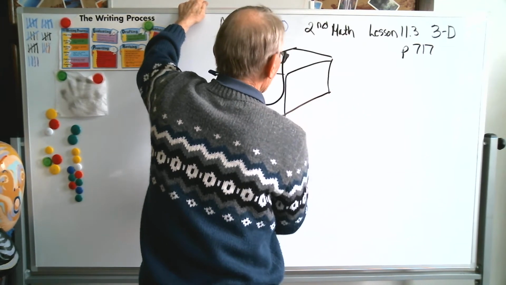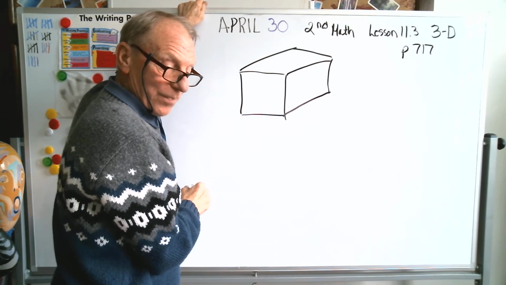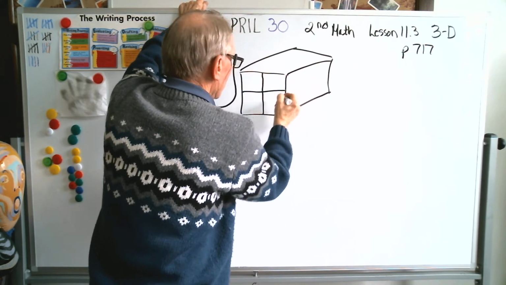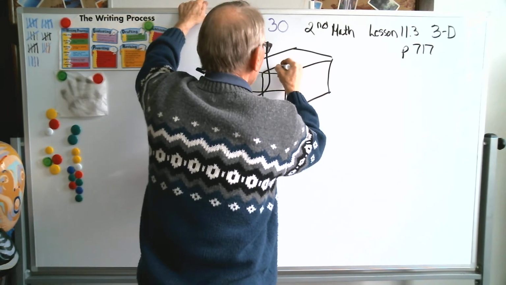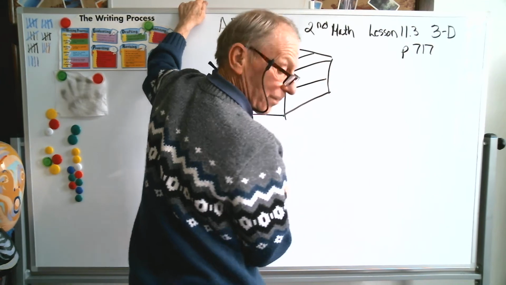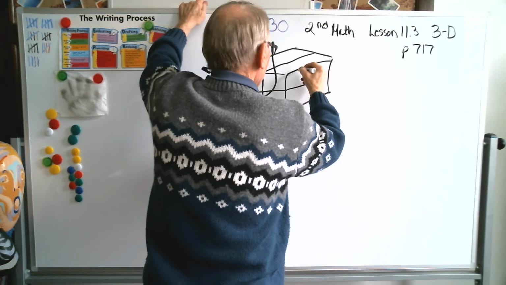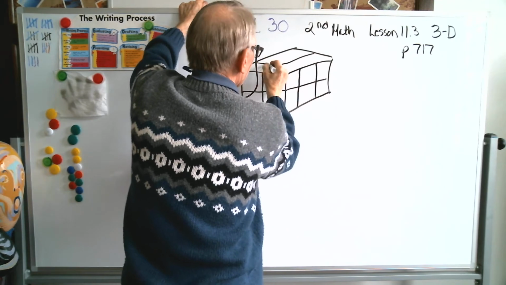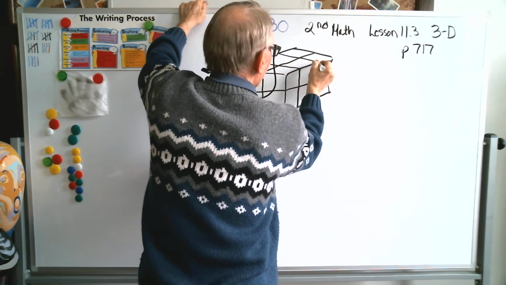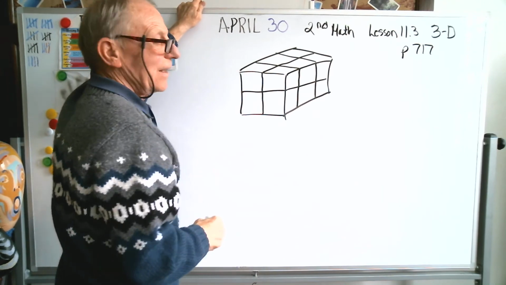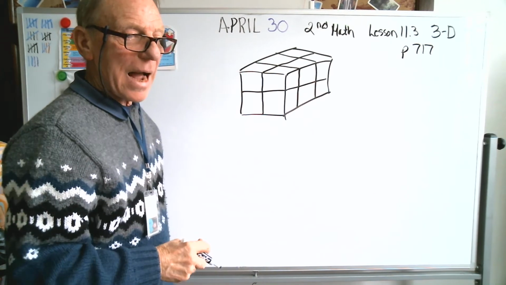Now you notice that we have 3 dimensions. And its front is cut into 4. And we're going to continue those lines right along. The side has 3. So we're going to connect all them lines together. And then what we end up having is a stack of blocks.